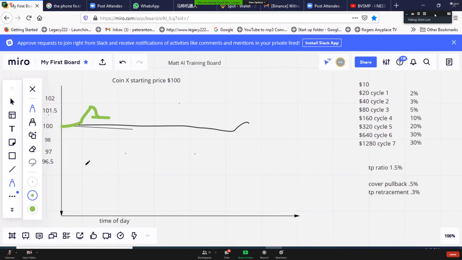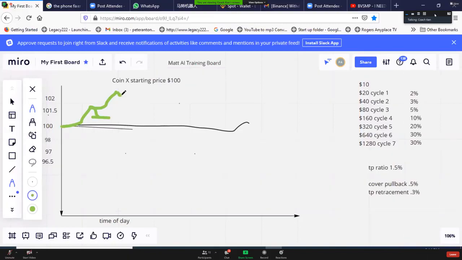Yes, totally. Okay, so what that means is that we allow the coin to rise further before taking the profit. So we want to enjoy the profits if it's going on an uptrend. And anytime it retraces, if this is a 0.1 retracement, we're not going to take the profit.